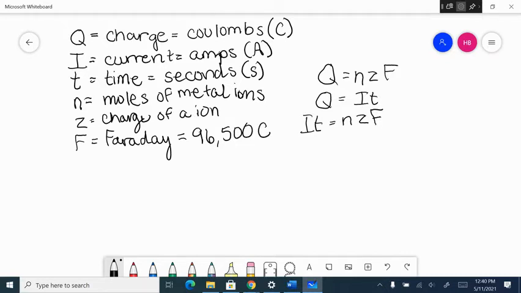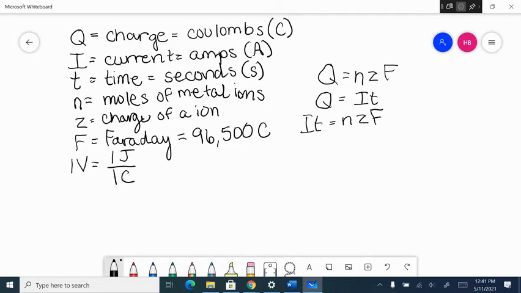Now, if you look in the AP reference packet, they don't actually give you all of these formulas, but I'm going to tell you what they do give you, so we can understand why all of this is important. The first thing that they give you is the fact that 1 volt is equal to 1 joule per coulomb.